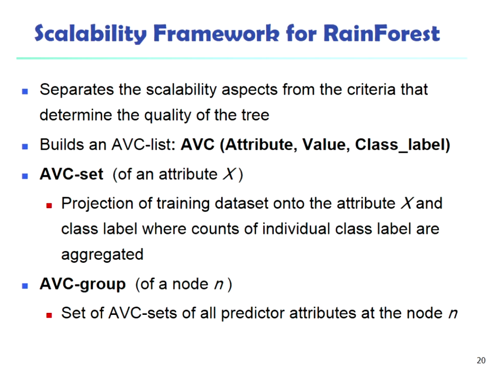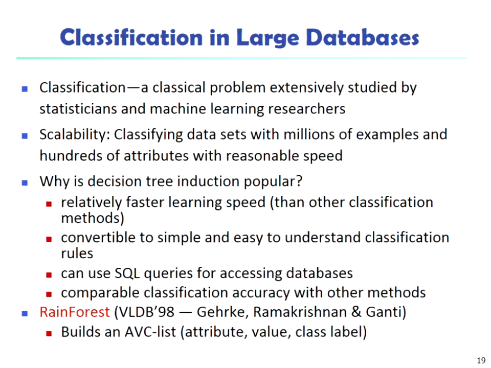We discussed also in the face-to-face class the scalability framework, and we said, what's the meaning of scalability? Scalability means classifying data sets with millions of examples and hundreds of attributes with a reasonable speed.